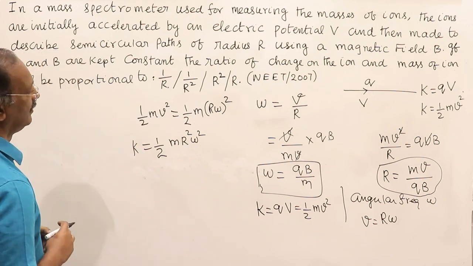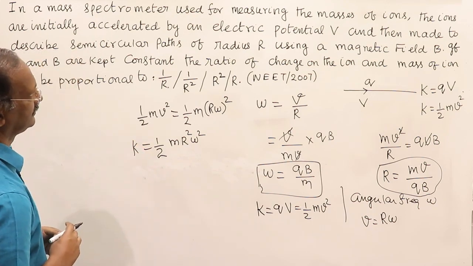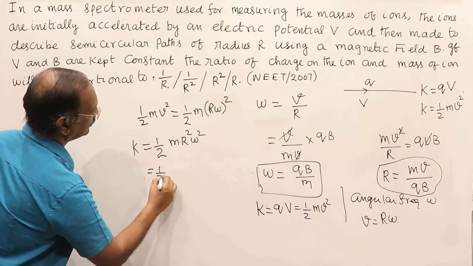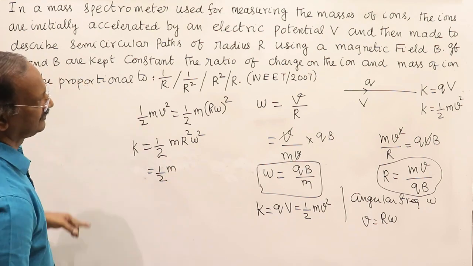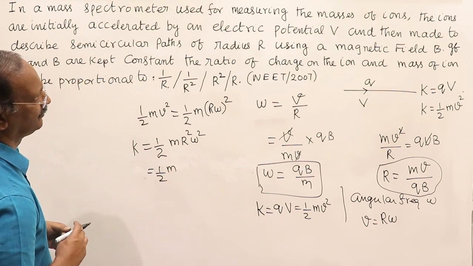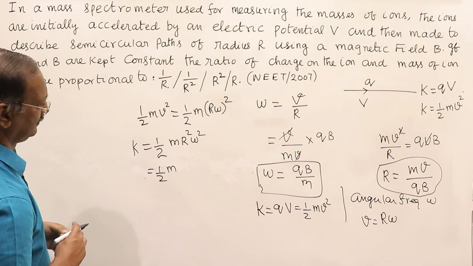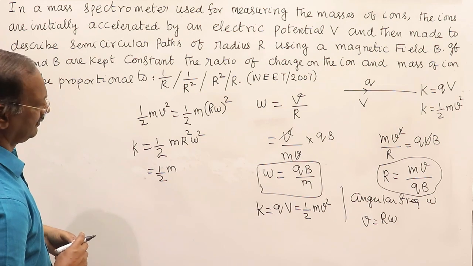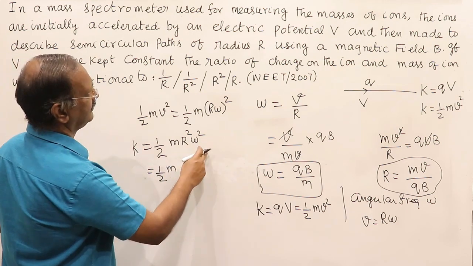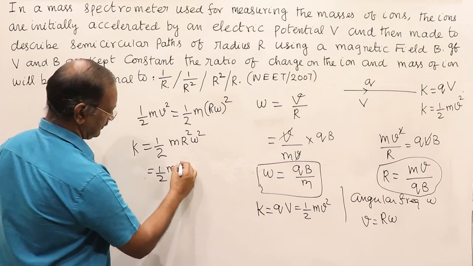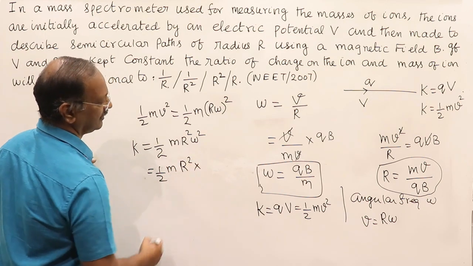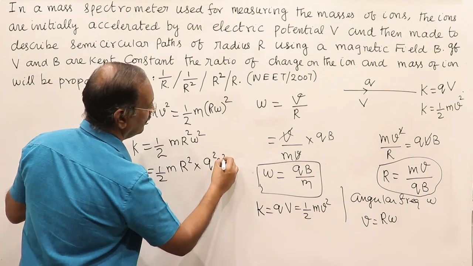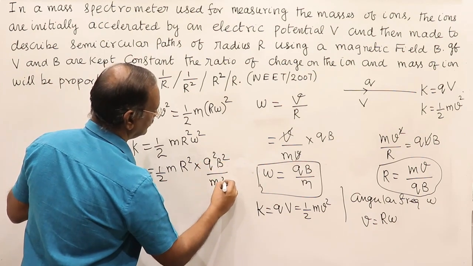Kinetic energy is half m omega square r square. What is the value of r? r is equal to m v by q B, so r square is substituted, and also we substitute omega square, which is q square B square by m square.